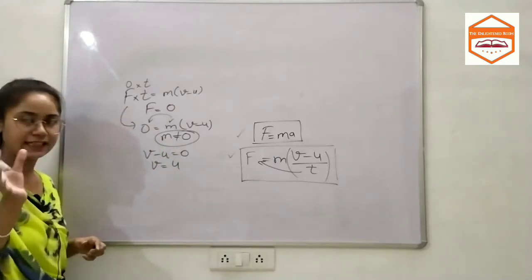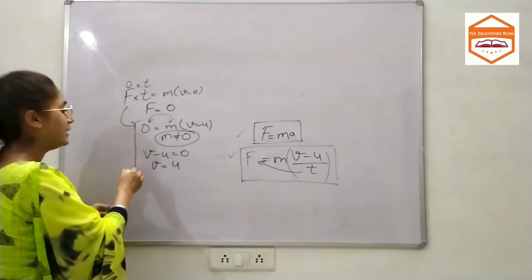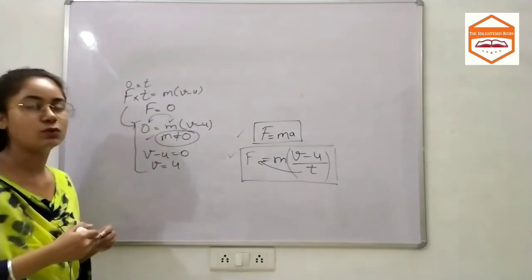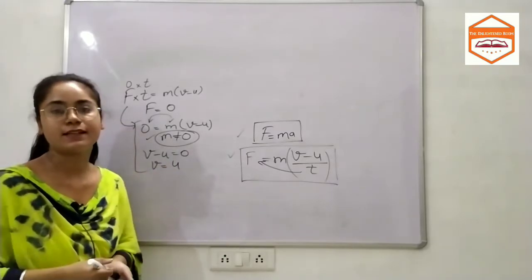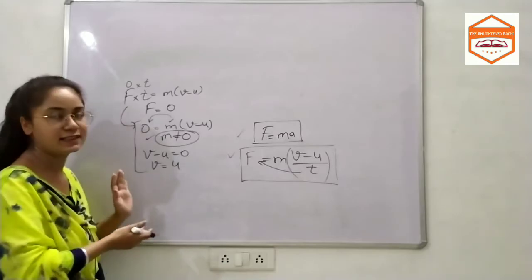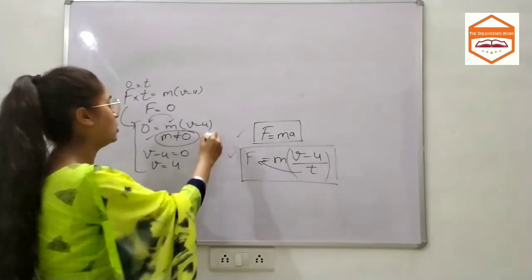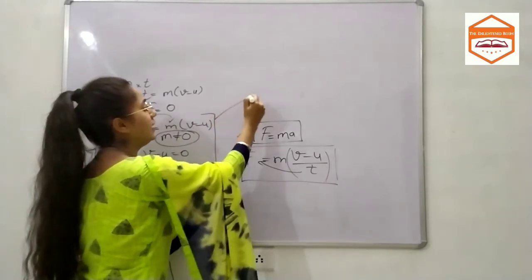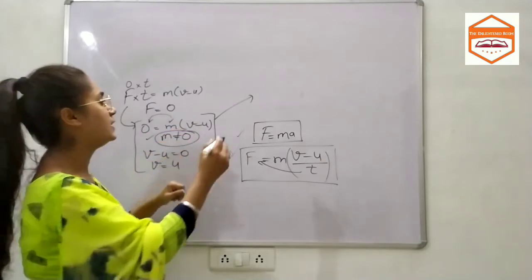So one more thing I want to tell you, that if you are not getting this m is not equal to 0, this term, it is actually a mathematical term which is used in higher mathematics. If you are not getting this, I have some other way too. I am going to solve this part again with some other method. So I am going to take m here.